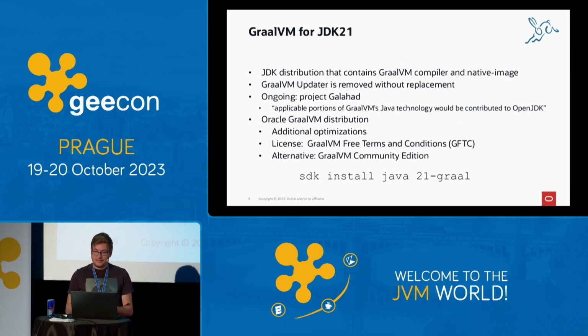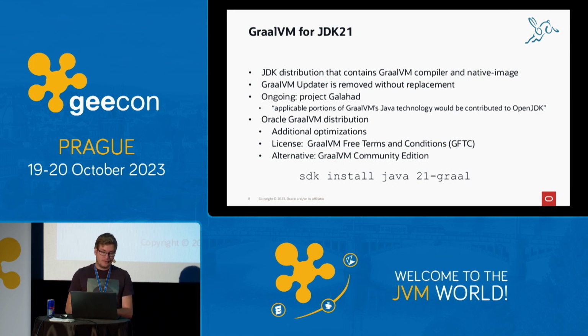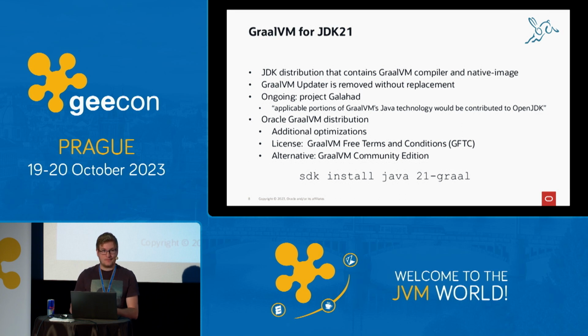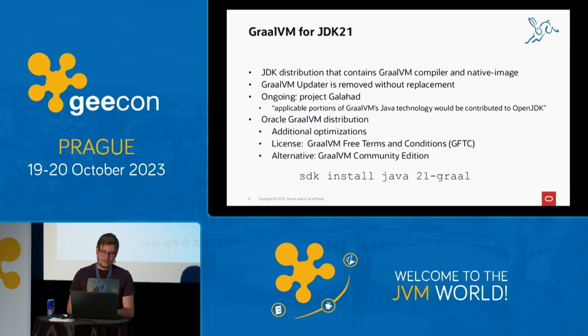There is an alternative, which is GraalVM Community Edition, that's built only from open source code, and it's licensed with GPL2 with Classpath Exception, I think, which should be the same as OpenJDK. GraalVM is available in SDKMAN. You can install it with sdk install java 21-graal.